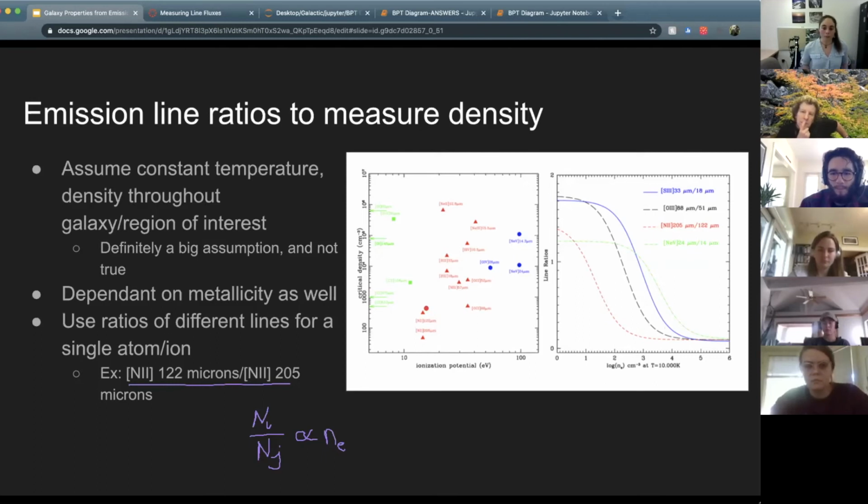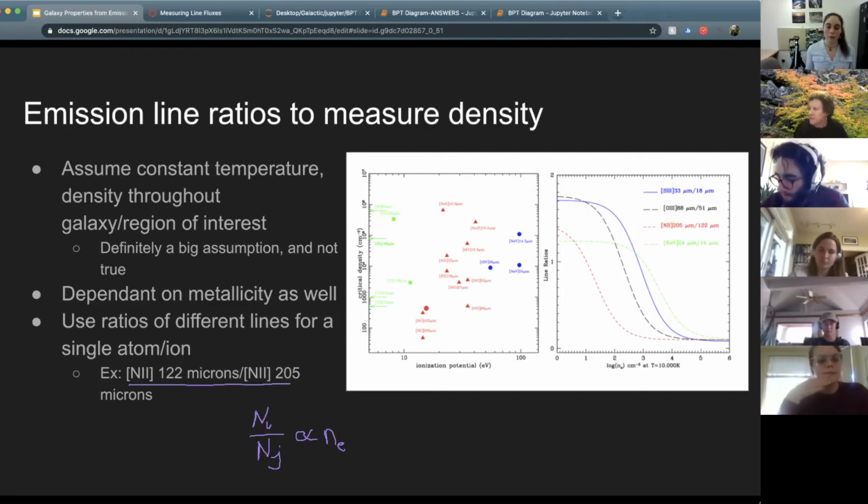So nitrogen has an ionization potential of 14.5 electron volts, which means we're only going to get singly ionized nitrogen, or N2, in regions where hydrogen is also ionized. Because 14.5 is greater than 13.6 electron volts, you can only use the nitrogen line if you are in the ionized phases of the ISM.